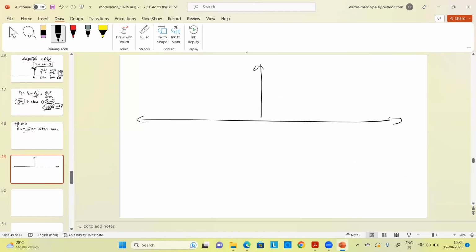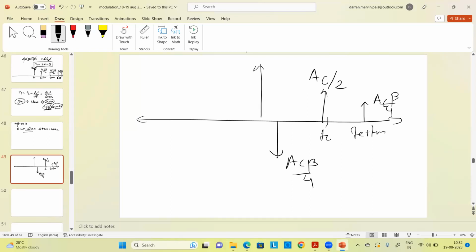We had FC with AC by 2, FC plus FM with AC beta by 4, and the mirrored component with AC beta by 4.